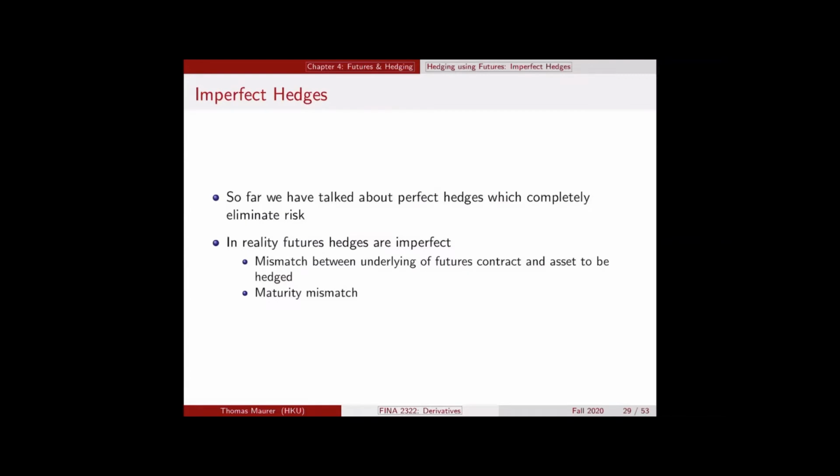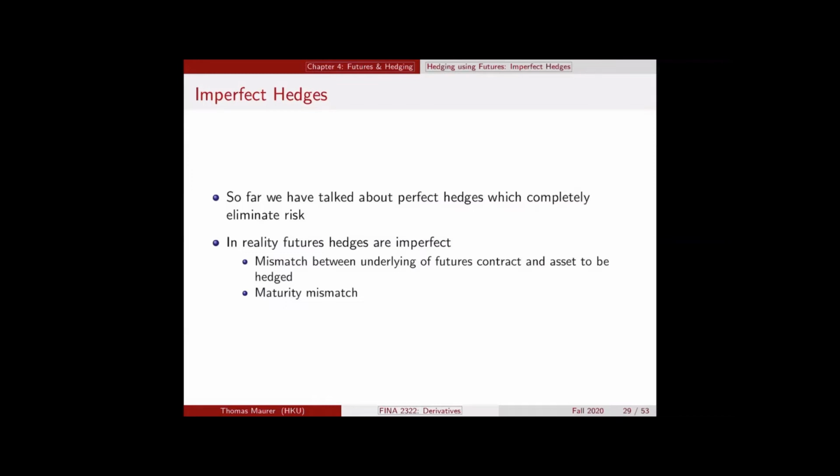However, in reality, many times hedging positions are not perfect and there will always be some residual risk. This imperfection can come from two different sources. One could be a mismatch of the asset which you're trying to hedge and the futures contract which you're using for hedging.